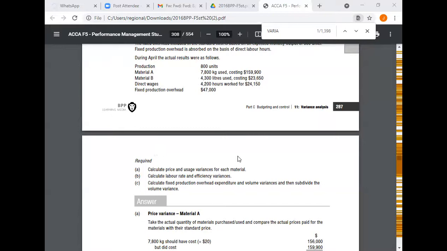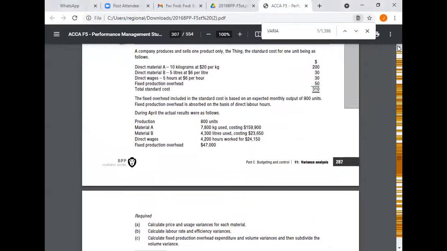So the question here: is there any single student who will be able to calculate how much we were budgeting to incur as our total budgeted fixed overhead?